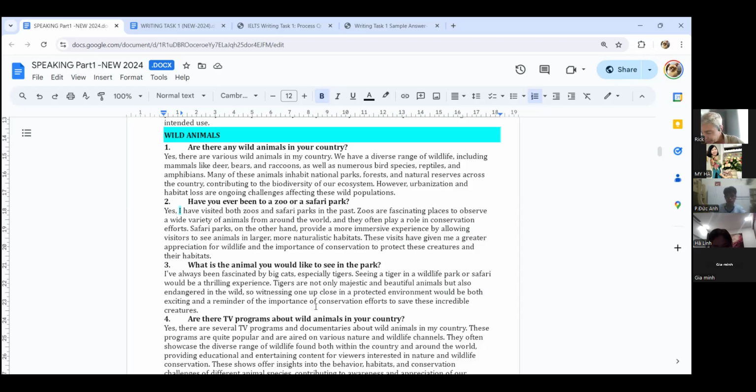Nam Kang, what animal would you like to see in a zoo or a park? If I had the chance to go to the zoo, the animal that I would like to see is the monkey.